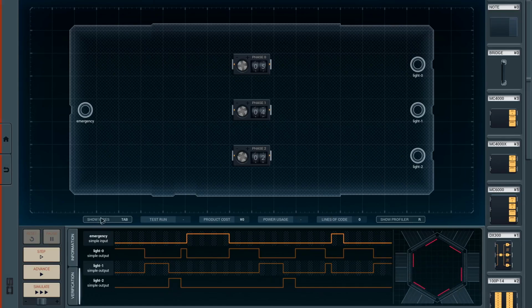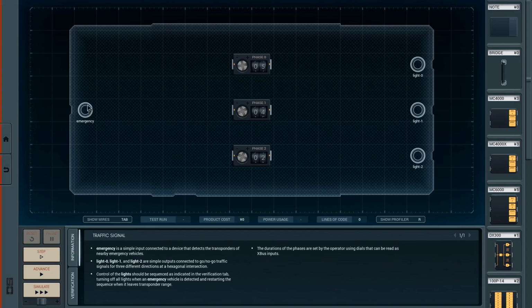Okay. So I understand my output. It's only the one input, other than the fixed values here, that I can move around. Helpfully labeled.